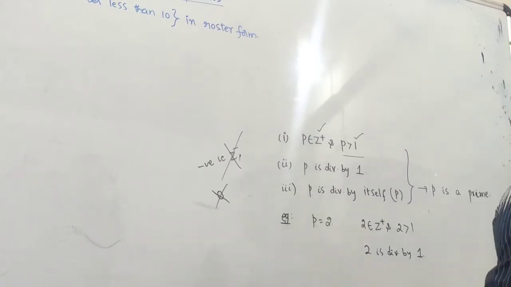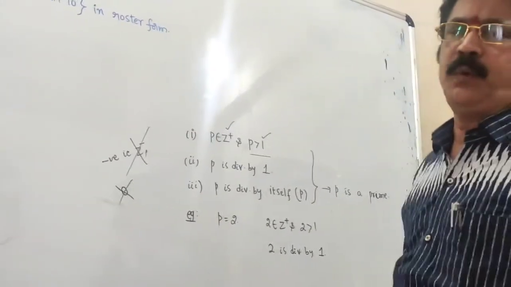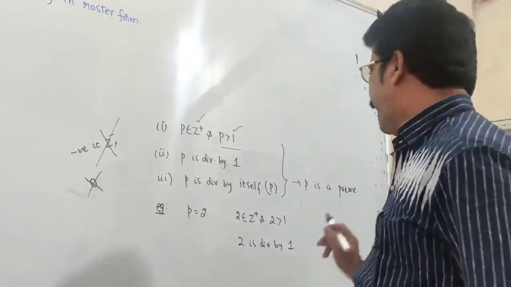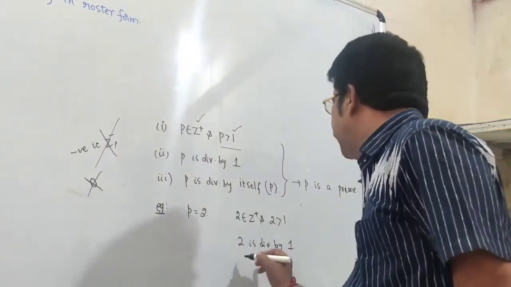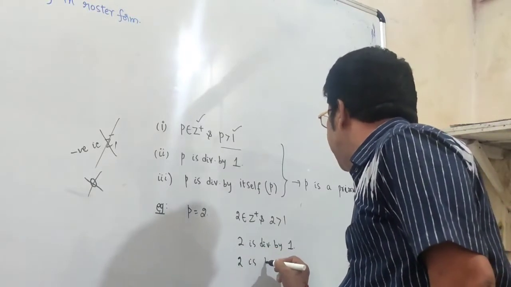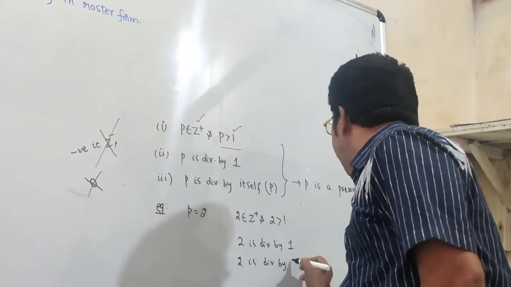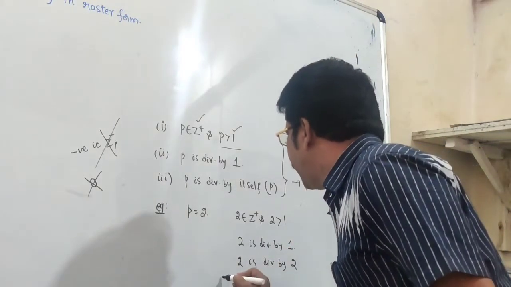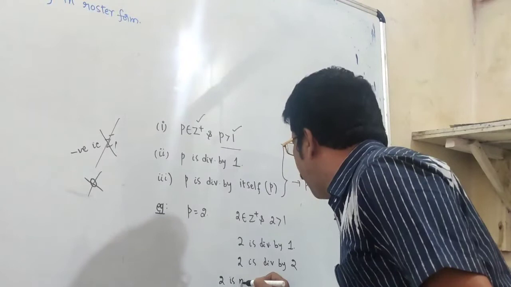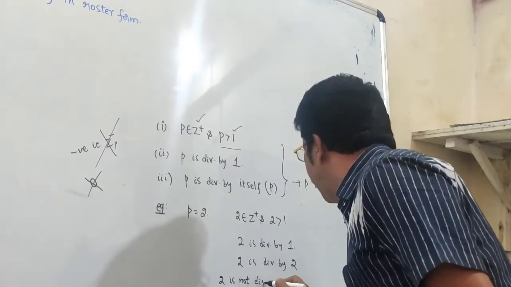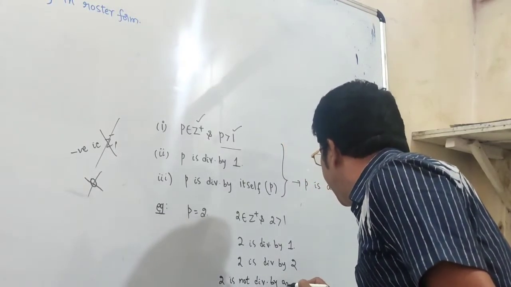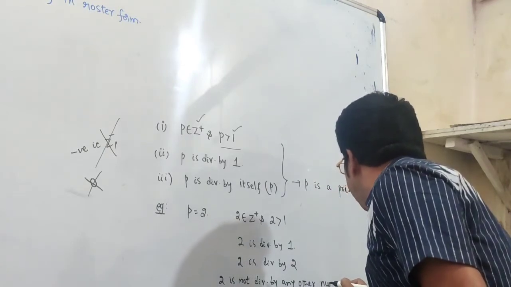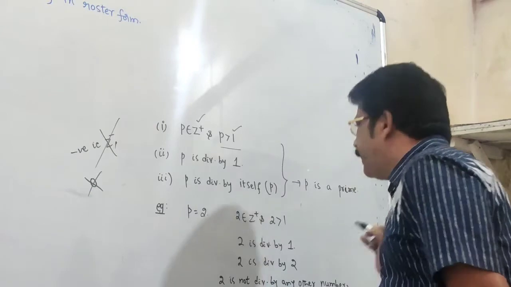Already you know very well from the lower classes about divisibility or the division algorithm. 2 is divisible by 1 and 2 is divisible by itself, itself means 2, and we note that 2 is not divisible by any other number.